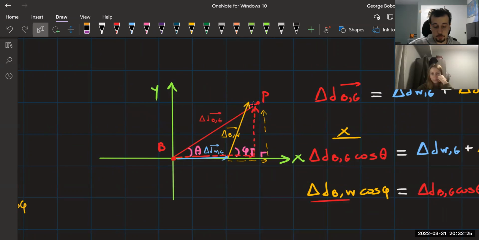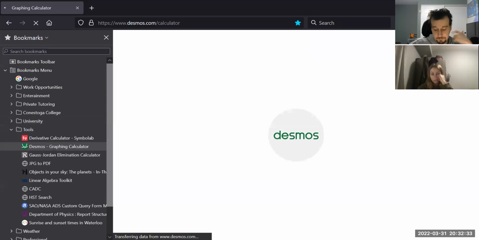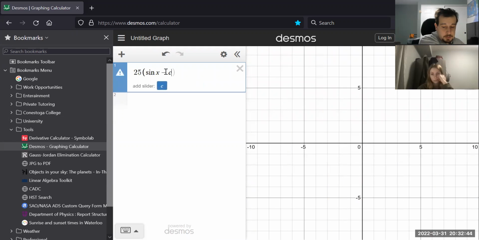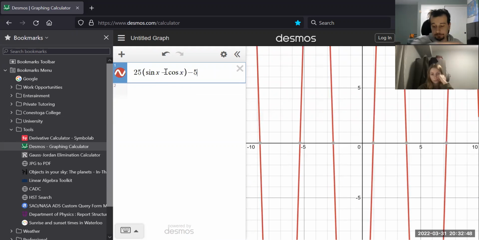It needs to be somewhere in the first quadrant. Here we go. All right, tools. Again, the equation is 25 sine x minus cos x minus 5.